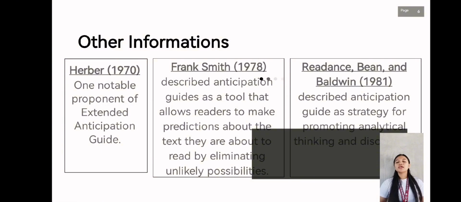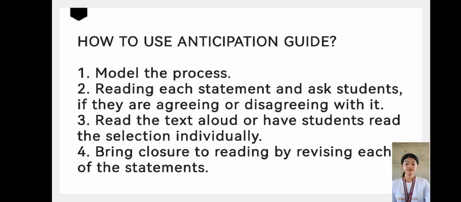He described this guide as a tool that allows learners to make predictions about the text they are going to read by eliminating unlikely possibilities. Lastly are Readence, Bean, and Baldwin of 1981. They describe the anticipation guide as a strategy for promoting analytic thinking and discussion.